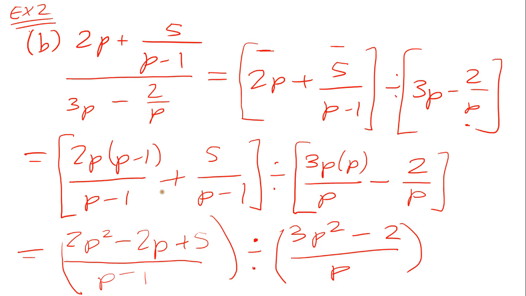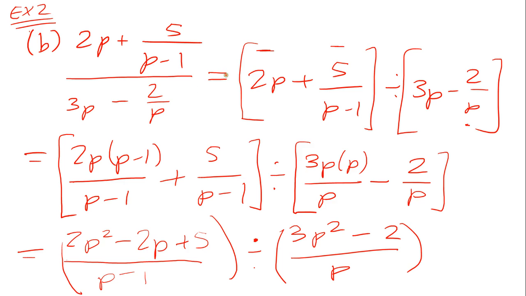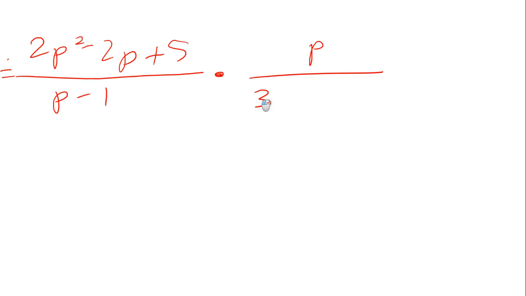Let's move on. I've got to copy this over. So 2p squared minus 2p plus 5 over p minus 1, times p over 3p squared minus 2. Nothing's really going to factor here.